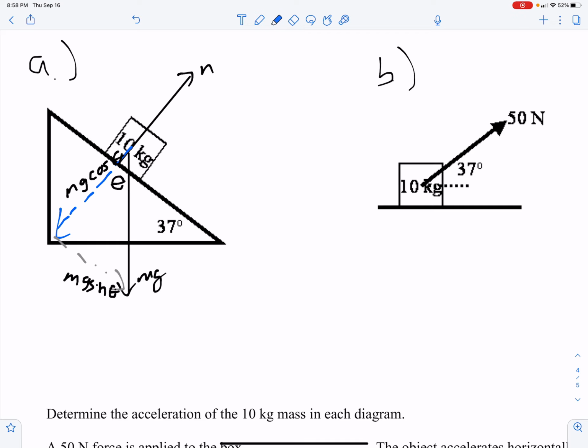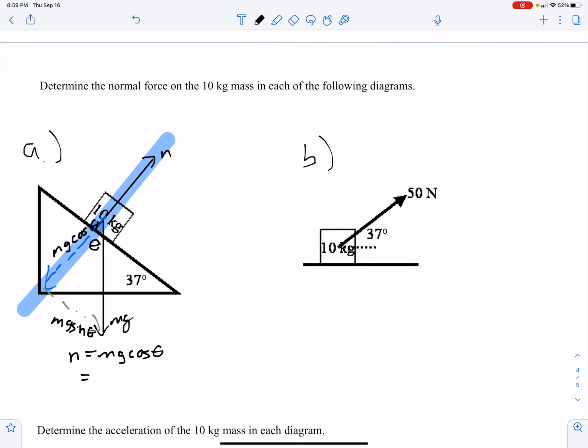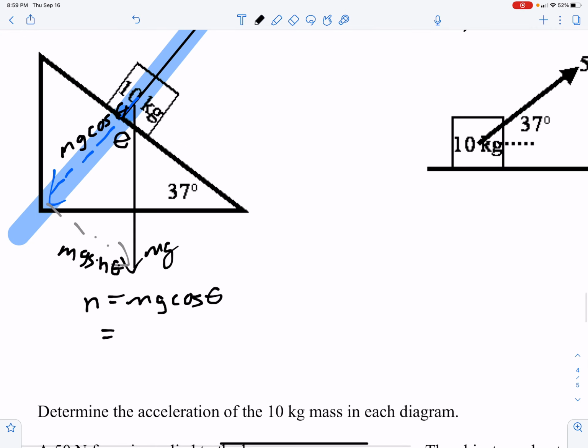Now you're looking for normal force, which is a vertical force coming out of the plane. It balances the other vertical force, the component mg cosine. And so normal force equals mg cosine of the angle. The mass is 10. The angle is 37.